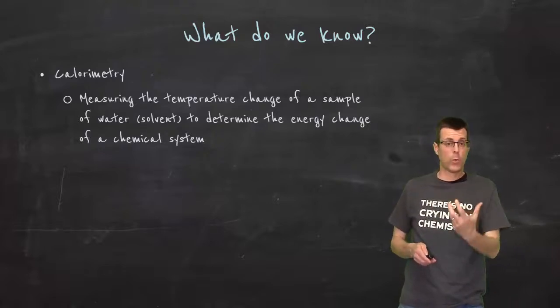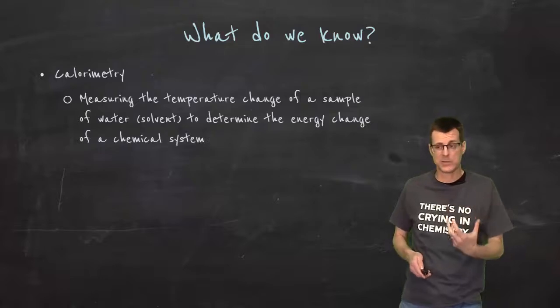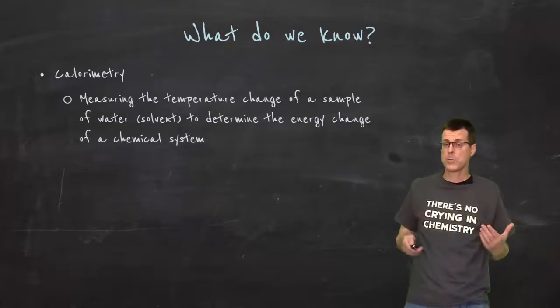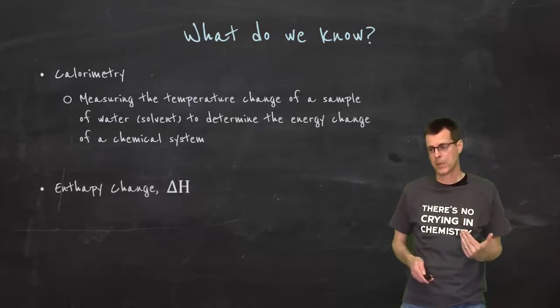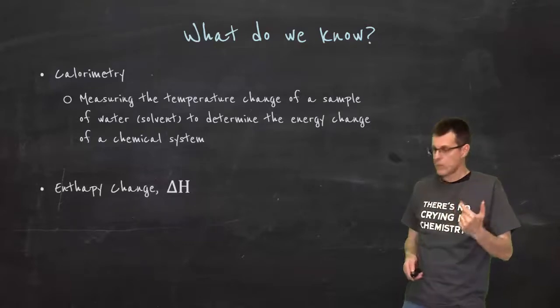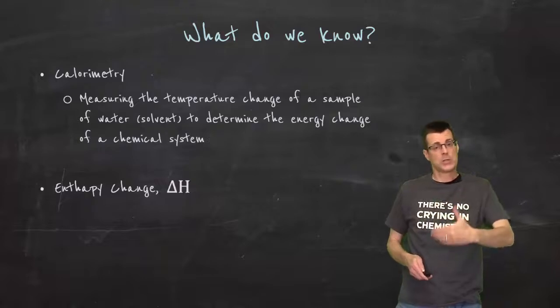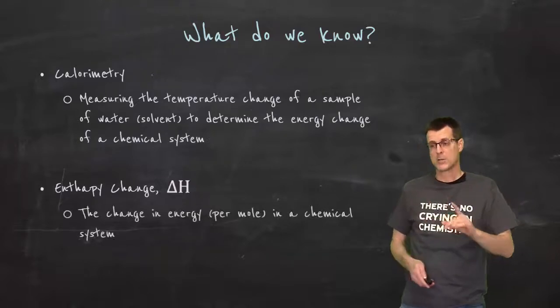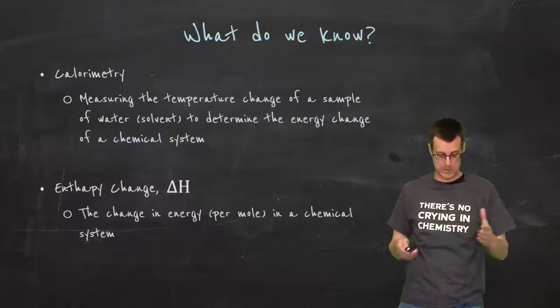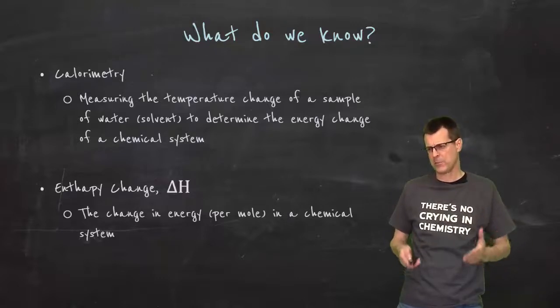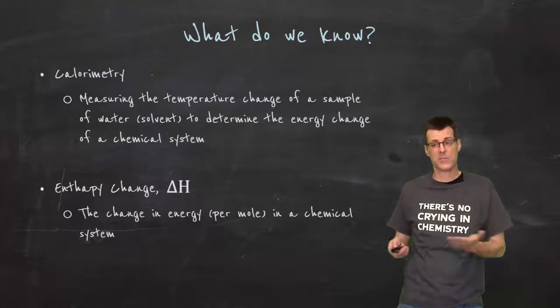Then we will know it's water, so that tells us our specific heat capacity, and then we'll measure the temperature change. And once we have all those three, we can calculate the energy. Then we will relate that to the enthalpy change of the system. But we also have to be careful to make sure that we convert it into numbers of moles because it is going to be the molar enthalpy change of the system that we're after.